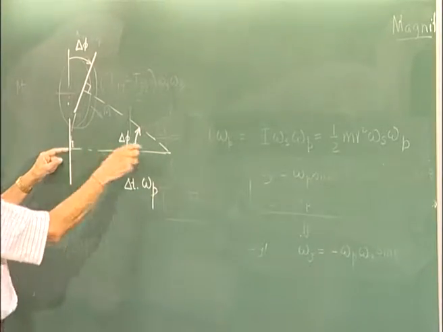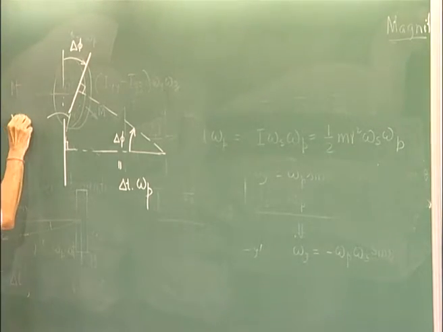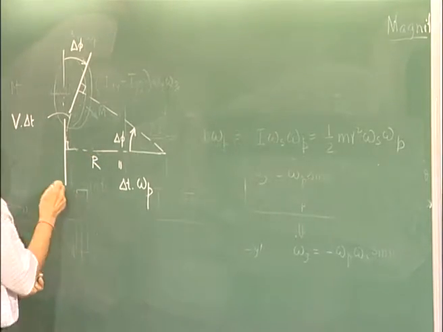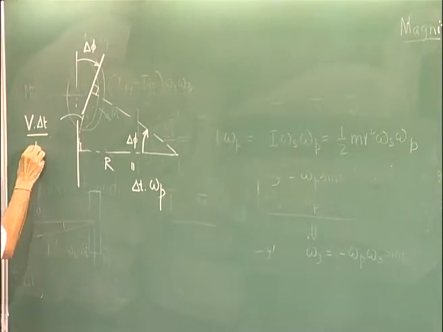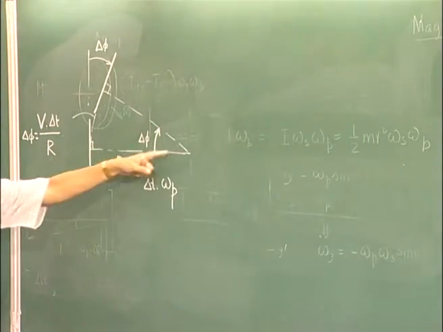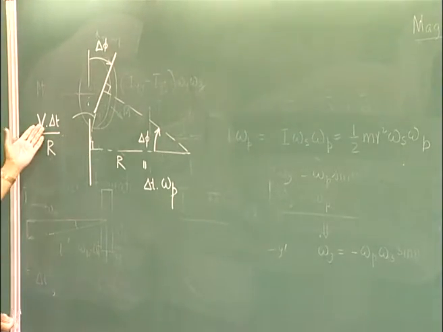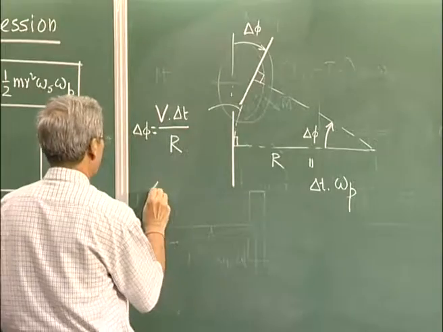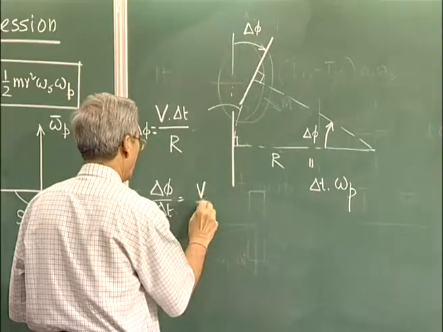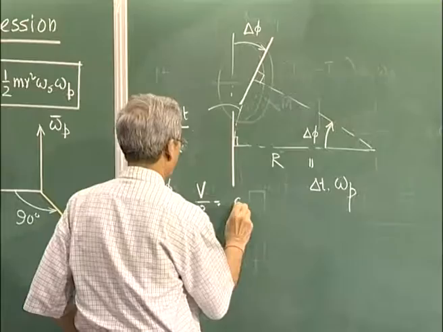And we know that this is nothing but this length, which is velocity into delta t when delta t is small, divided by this radius, that is delta phi. Delta phi into r is this arc length, and in this small limiting case this is nothing but v into delta t. So delta phi by delta t is nothing but v by r, and this is actually, as we have seen, omega p.